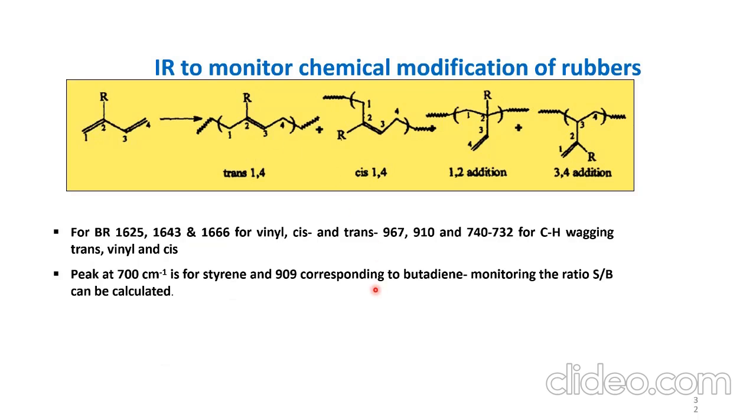Here, different kinds of peaks will be there in the different arrangements. For example, wagging can be seen in this region. Similarly, for styrene we will get a peak at 700 centimeter inverse, and the 909 peak will correspond to the butadiene.